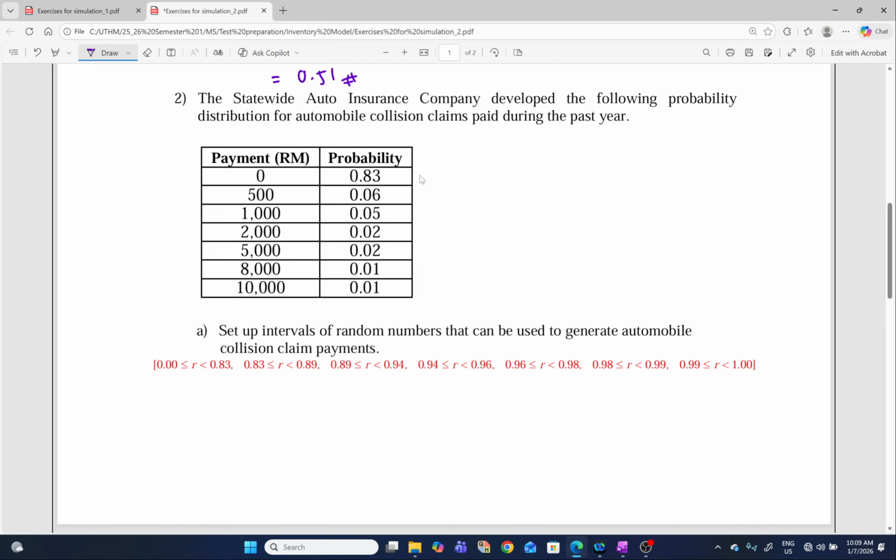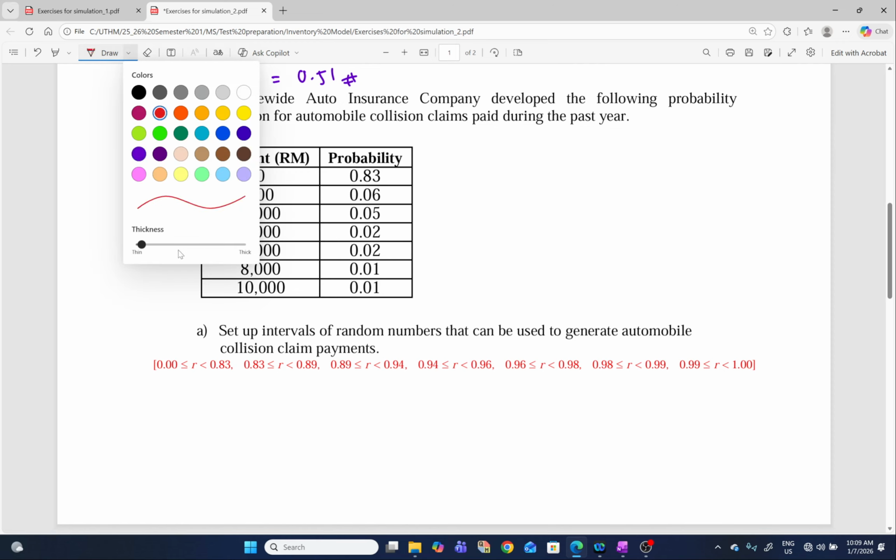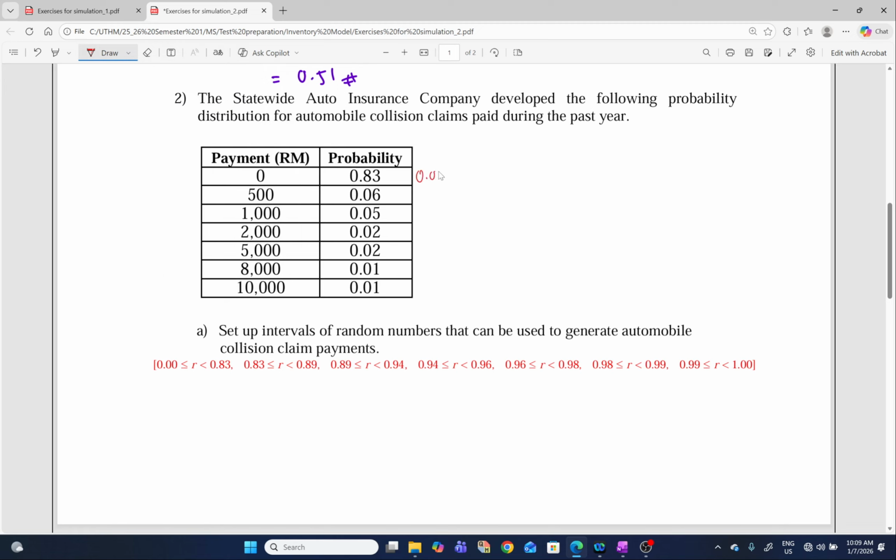Set up intervals of random numbers. This is question A.